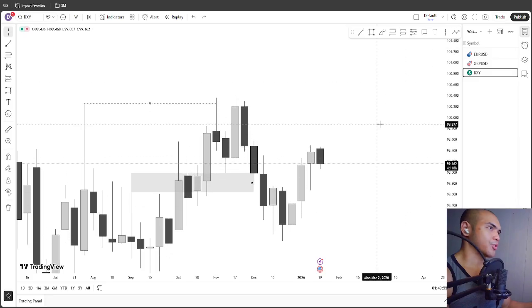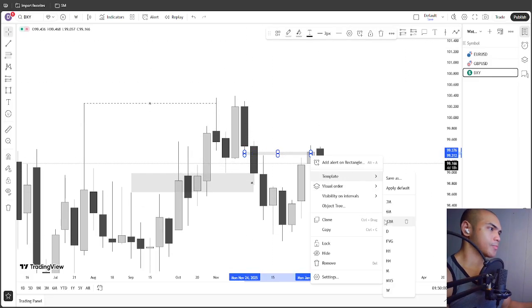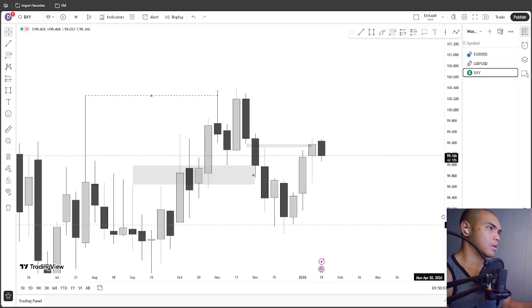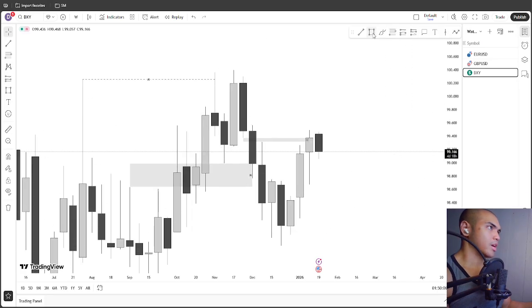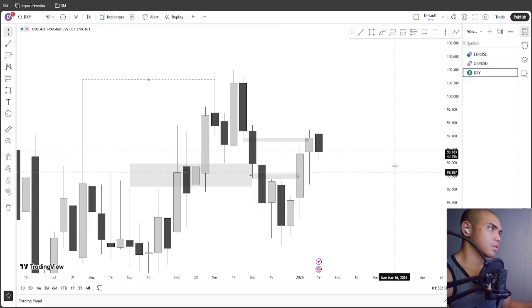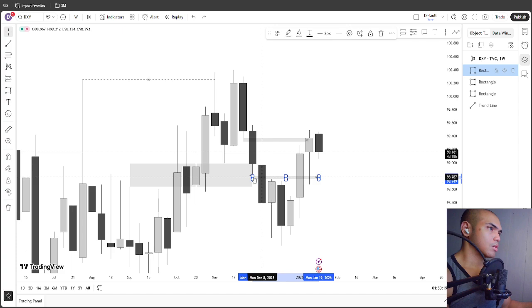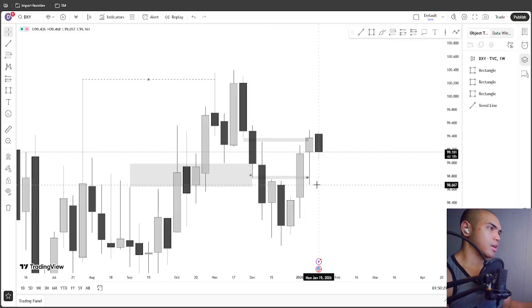Going down to the weekly chart, price is currently at this weekly sell side imbalance. We have a tiny weekly buy side imbalance that turned into a weekly buy side imbalance, and that got respected last week.